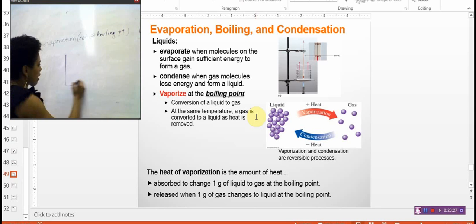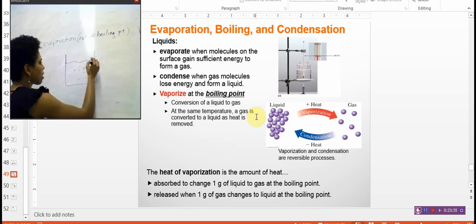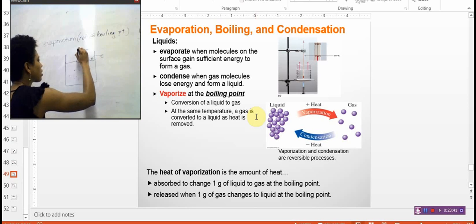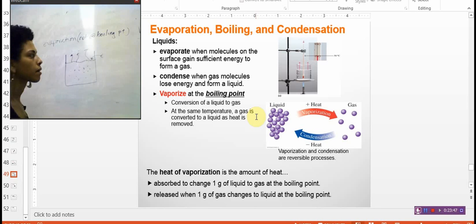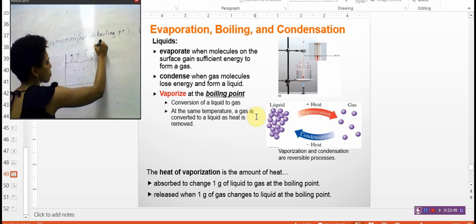So let's say we have a container of water, right? And all of these are water molecules. Well, some of the water molecules at the surface can gain enough energy that they can fly away from the surface, and these now have evaporated.